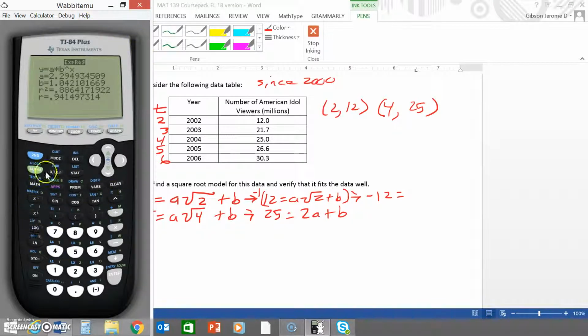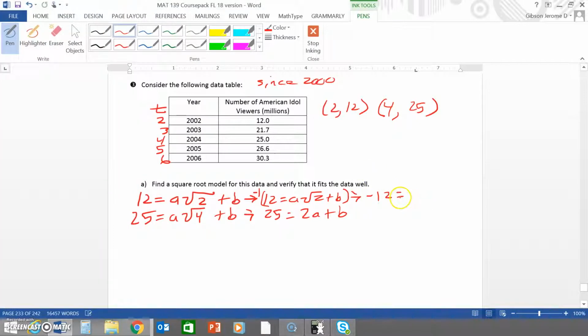The square root of 2, rounded to 3 decimal places, will give us -12 is equal to, and you see it'd be 1.414A plus B.